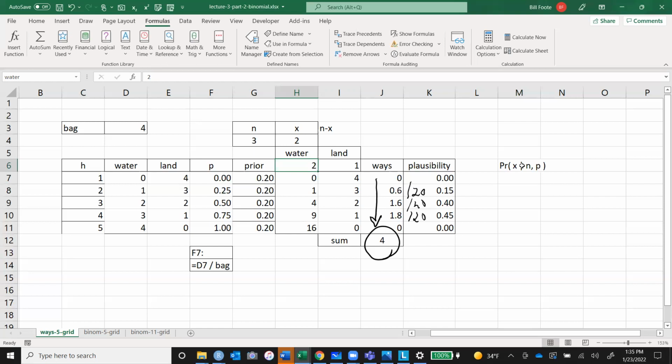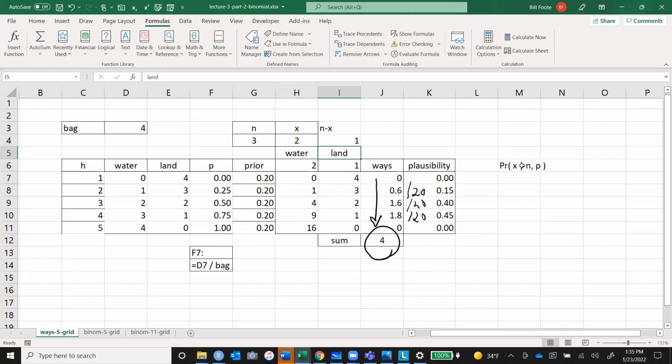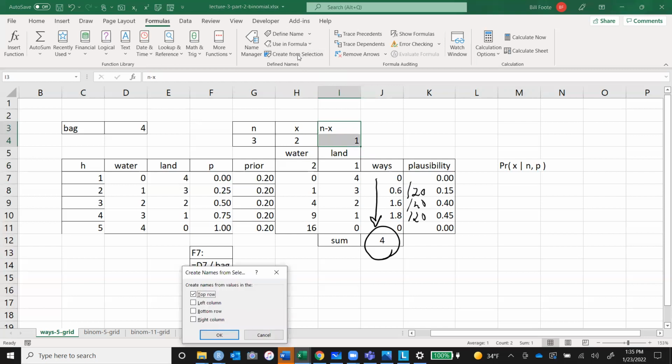In fact, the number of water here equals X now. And the number of land here is equal to whatever N minus X is, which should be equal to N minus X up here. And now I have less hard-coded, and the right thing hard-coded, which is the data. The only thing that should be hard-coded here.